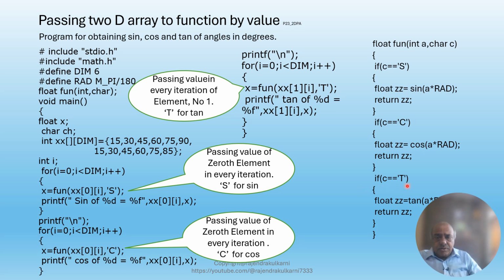This if will execute, will calculate the tan, assign it to ZZ, and that ZZ we are returning back to the calling function where it will be displayed by this printf statement. So in this way, we are passing the values of a 2D array one by one to the function and getting the desired outputs from the function.